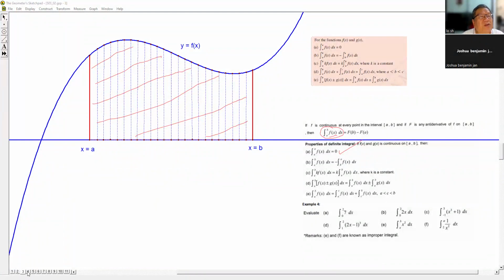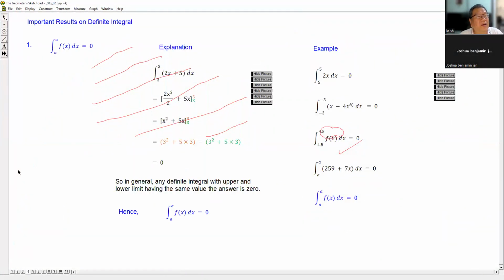And look at the next page. Here. Okay, so I explain here. So if you integrate, let's say, a function 2x plus 5, you want to integrate from 3 to 3. The result of your integration is 2x squared over 2. 5, integrate, you get 5x. So the number that you substitute in is 3 and 3.